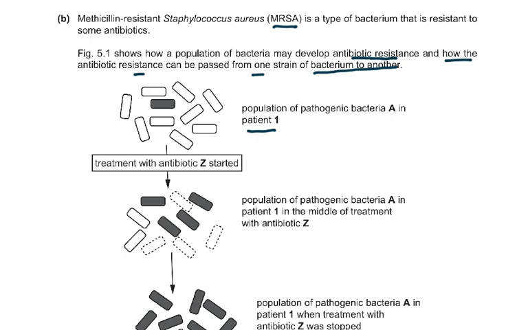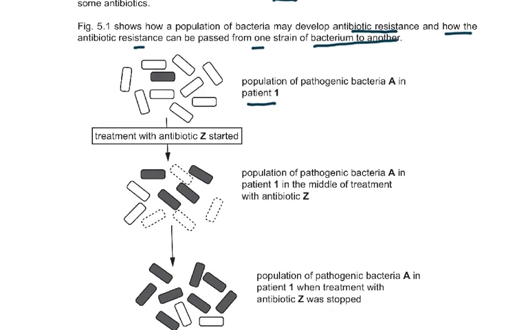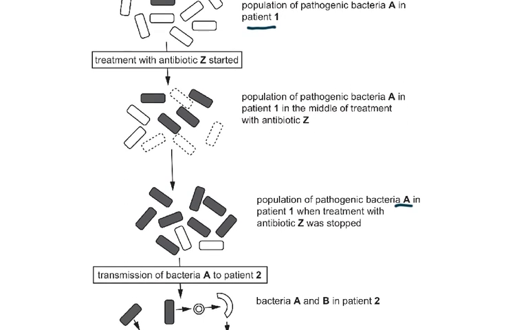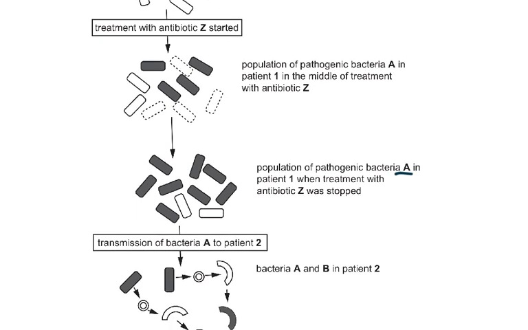Treatment with antibiotic Z started. Population of bacteria A in the middle of the treatment with antibiotic Z. Population of bacteria A in patient 1 when treatment with antibiotic Z was stopped. Transmission of bacteria A to patient 2. Bacteria A and B in patient 2.